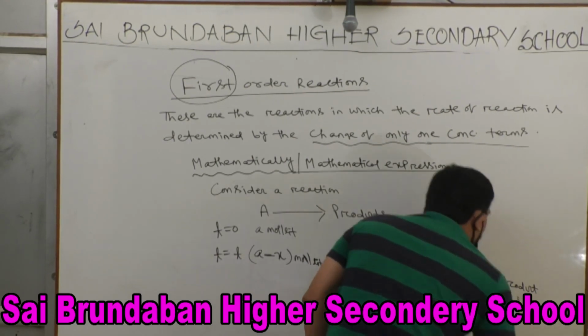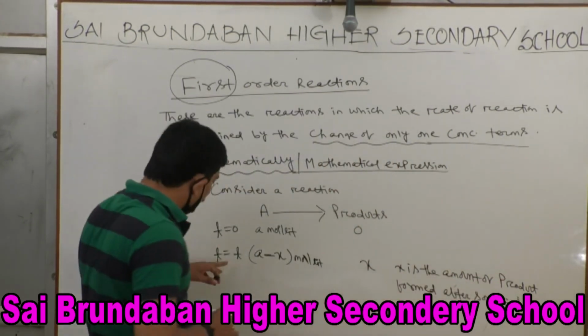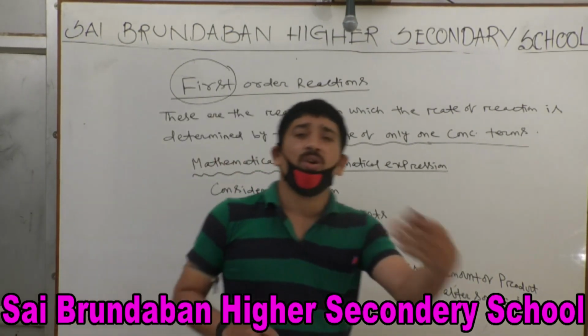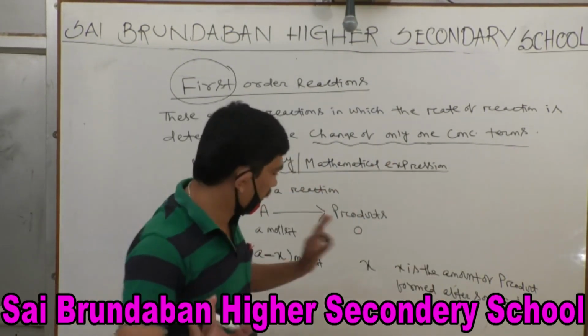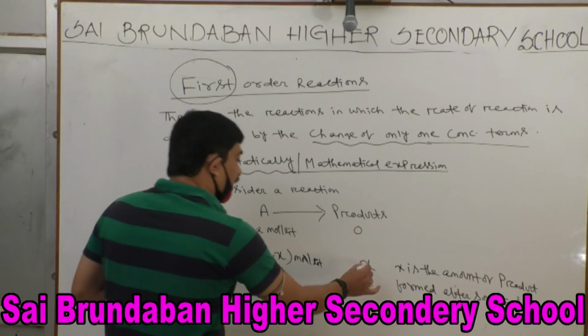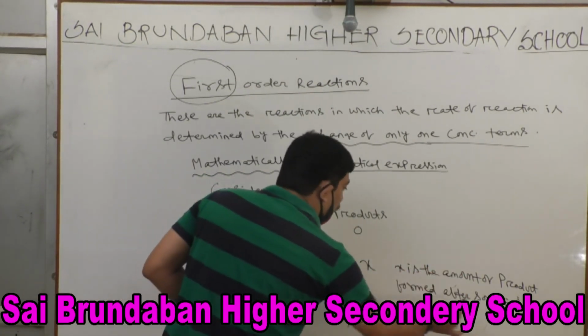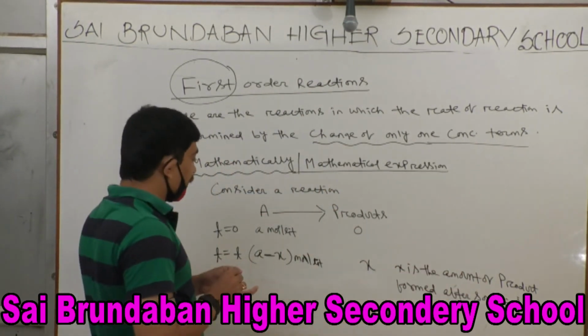That is, we take t. We might take 10 minutes or 15 minutes or 20 minutes, whatever it may be. x is the amount of the product formed after some time t. Clear?